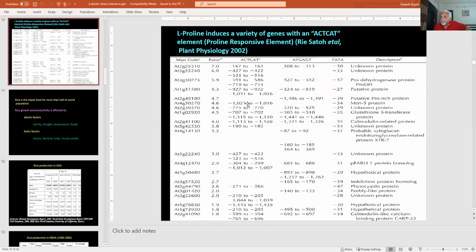After the genome sequences were known, first Arabidopsis, they looked through the genome and found that there are proline responsive elements in the 5' upstream region of a variety of genes, called PRE responsive genes.